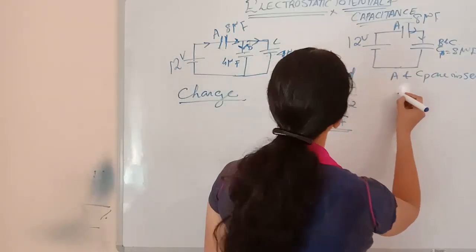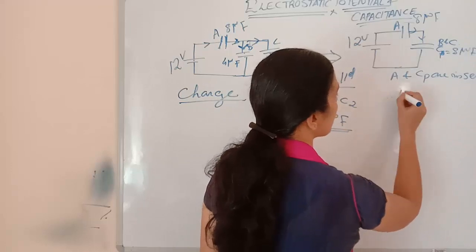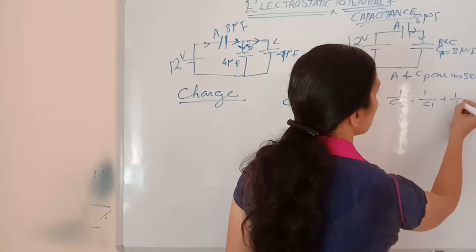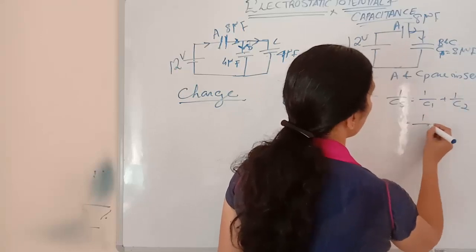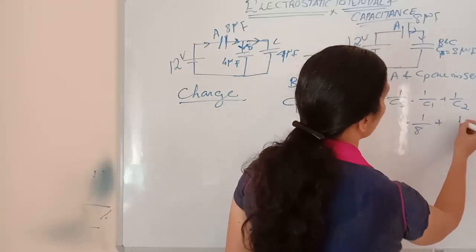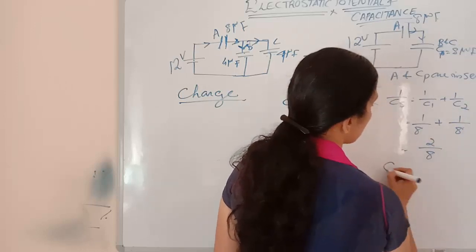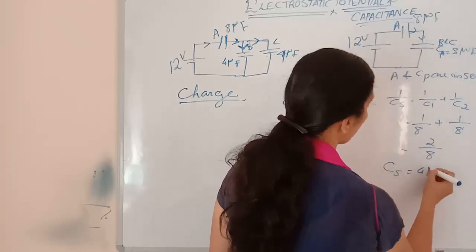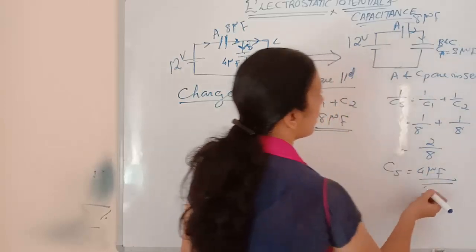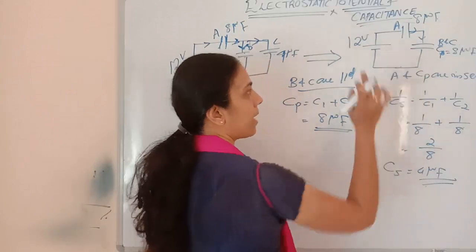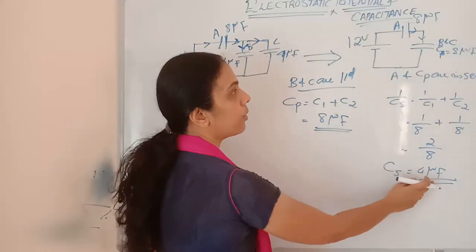In a series connection, 1 by CS will be equal to 1 by C1 plus 1 by C2. So 1 by 8 plus 1 by 8 gives 2 by 8. CS will be equal to 4 microfarad. So the total capacitance we got is 4 microfarad.